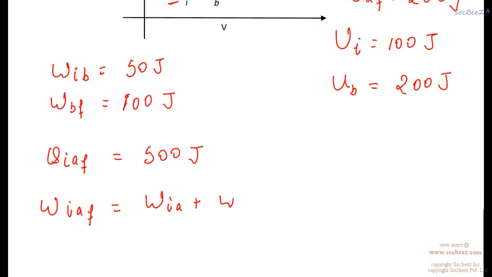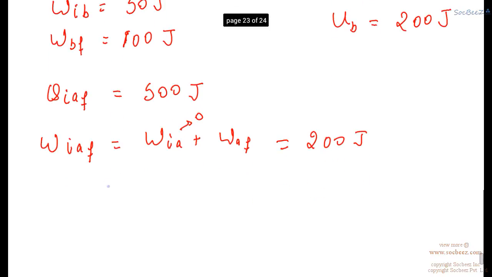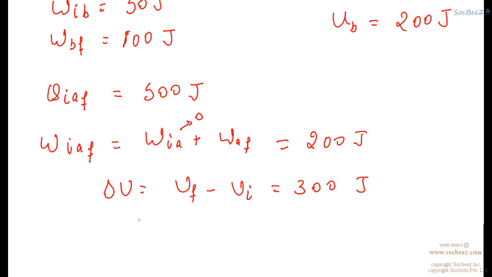Now therefore WIAF equals WIA plus WAF. Since WIA is 0 and WAF is 200 joule, this comes out to be 200 joule. And delta U equals UF minus UI equals 300 joule.